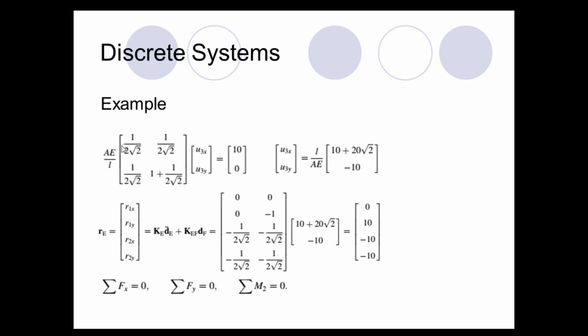What we need to do is take the inverse of this matrix, and if we multiply it with the force matrix, what we are going to get is this. So U3x is equal to L divided by AE, and that is multiplied by 10 plus 20 square root of 2, and U3y is the next thing that we are going to find, and that is minus 10 divided by AE.